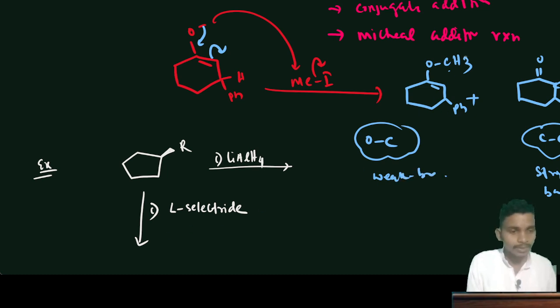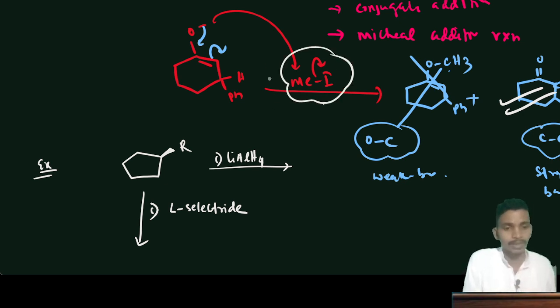It means that this will not form. This will be the final product for this type of question with methyl halide, because the CC bond is strong and the OC bond is not strong. So they want to make us confused by giving this methyl halide. So which bond is formed? Whether here CH3 will go or CH3 will form here.